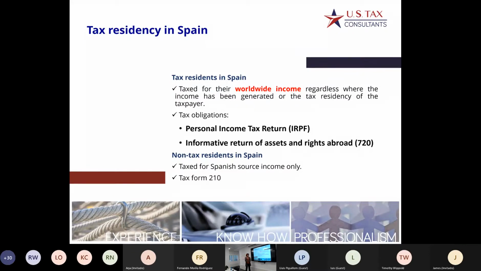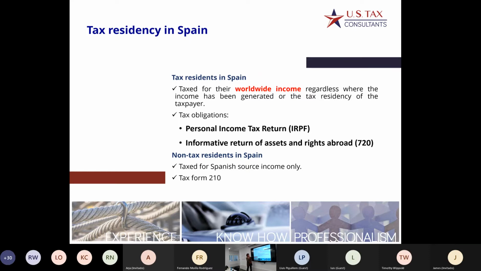Worldwide income means you are obliged to pay taxes in Spain for the income you receive in any part of the world. And these are the tax obligations we were talking about: personal income tax return, and in the case that it applies, wealth tax, and the 720, which has already been filed.